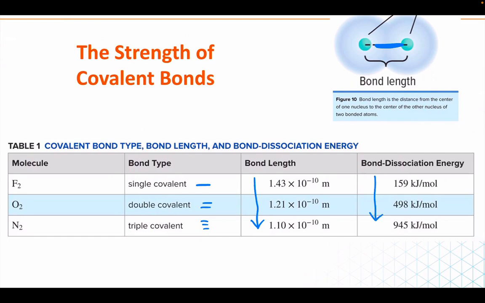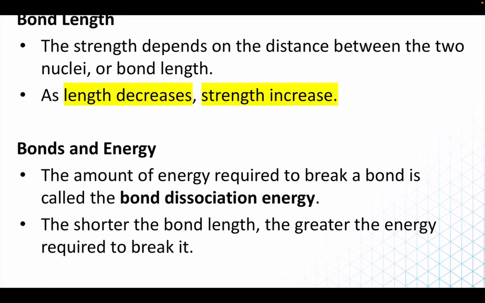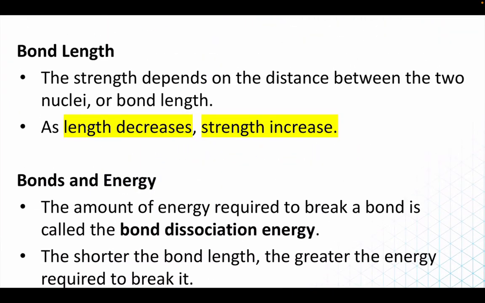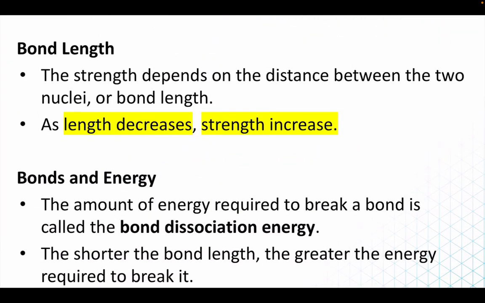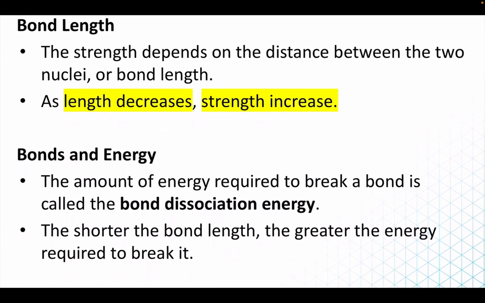So it's showing you a triple bond is going to be shorter and it's going to have a higher bond dissociation energy, which really means it's more stable, because if it's hard to break the bond, it's going to most likely stay bonded. And then the definition here is talking about how, as the length of the bond gets smaller, the strength increases. And it gives you the definition of bond dissociation energy.